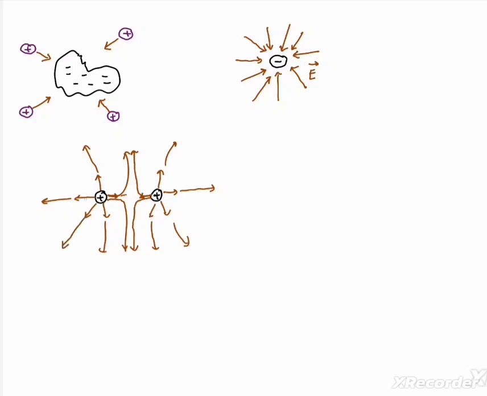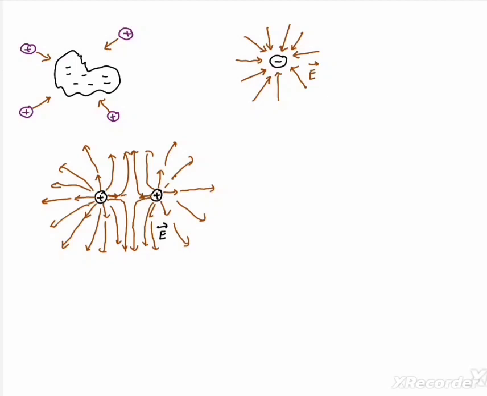So this is what an electric field next to two positive charges will look like. And you can draw an infinite number of arrows as you wish. So this is our electric field lines next to them.